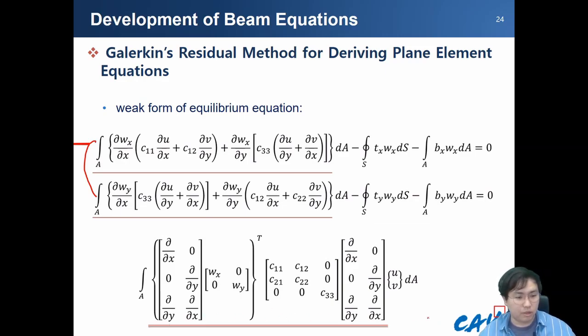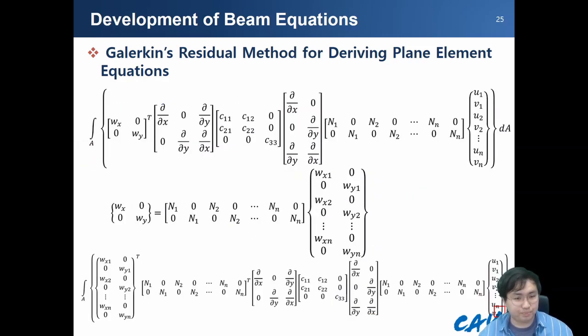So anyway, it is the same equation. Similarly, on the next slide, before using this, we should change to the discretized formulation. Also, wx and wy are arbitrary functions. However, we are going to use the same interpolation function as the weight function.